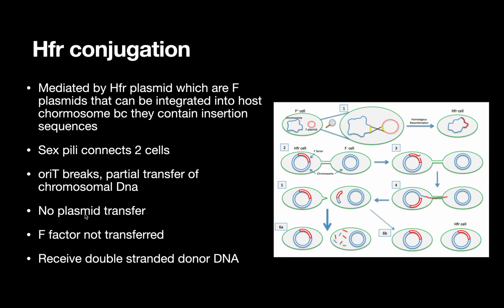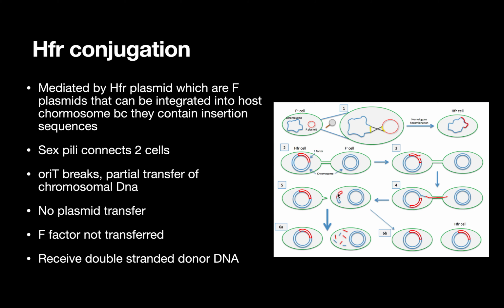So there is no singular plasmid, since it's already integrated into the host bacterial genome, right? So it's going to come over. It's a partial transfer of chromosomal DNA. The F factor, however, isn't going to be transferred over, but the plasmid itself will.